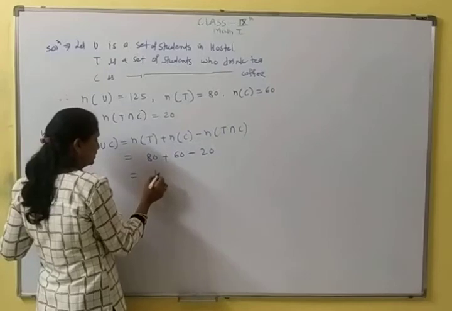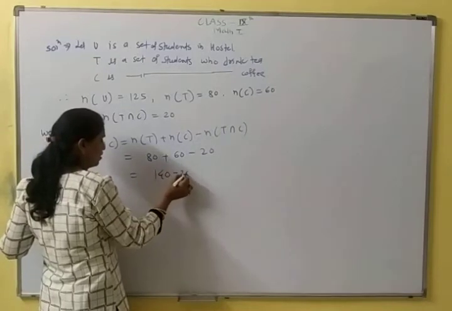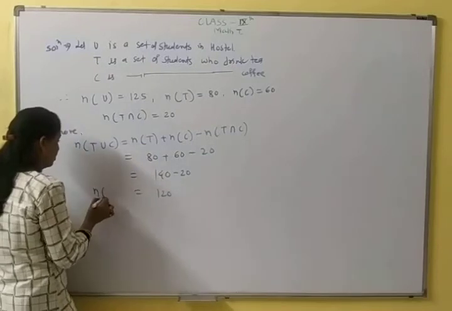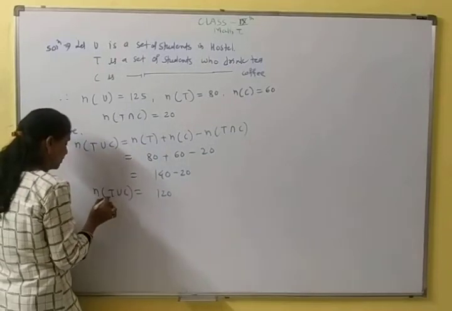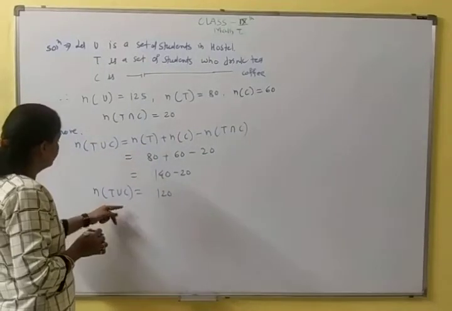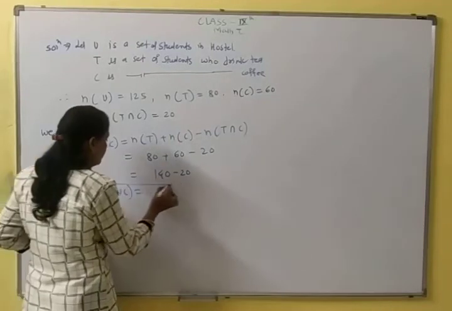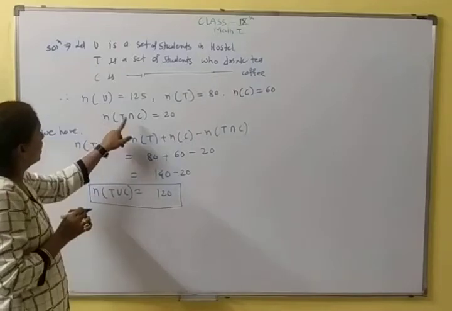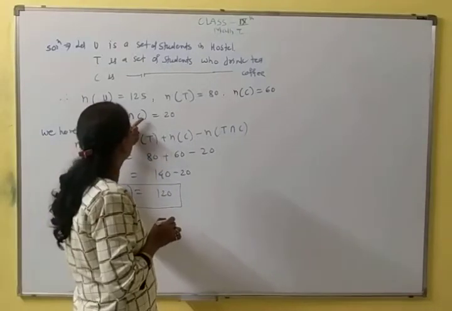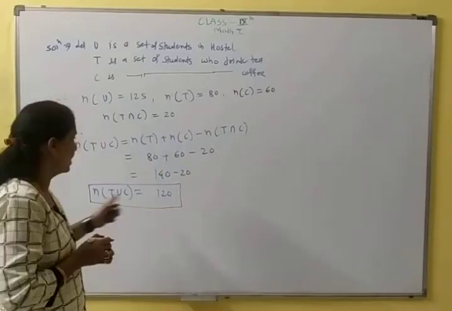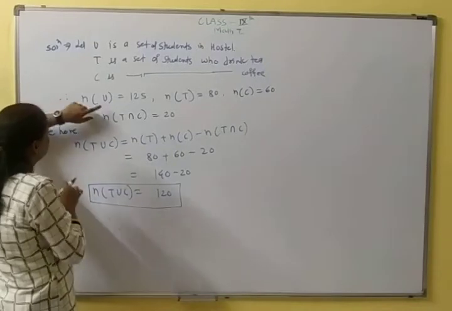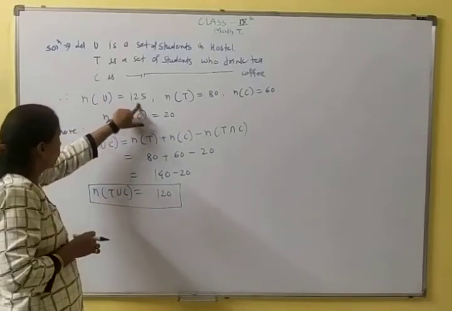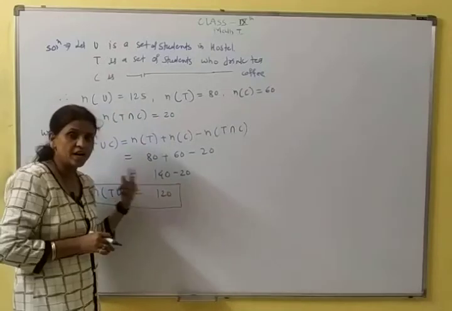So 80 plus 60, 140 minus 20 equal to 120, means n of T union C. The total students in hostel is 125. So 120 students drink tea or coffee.